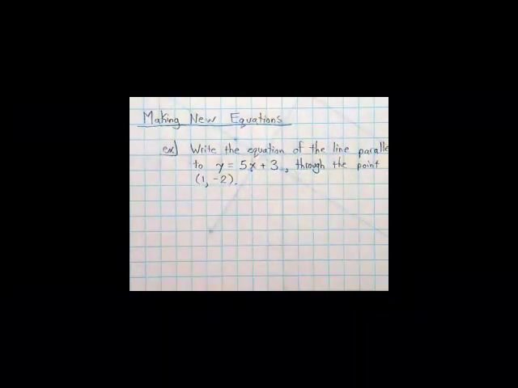Okay? So it's not enough to just say I need it parallel. I have to also give you a point that it goes through, because there's an infinite number of lines that could be parallel to one. So, which specific one? We'll make it parallel and make sure that it hits this point too, and then we can do it.